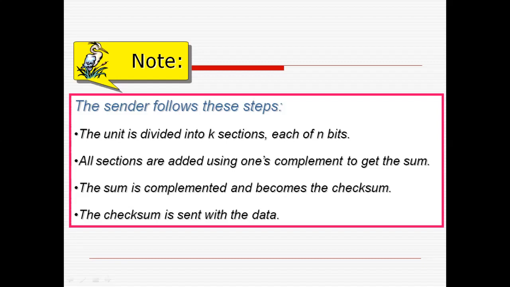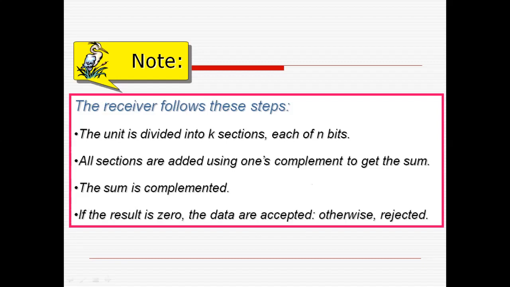Then all blocks are added using 1's complement to get the sum. Whatever sum we get as a result is complemented, and that complemented value is used as the checksum, and this checksum will be sent along with the data.